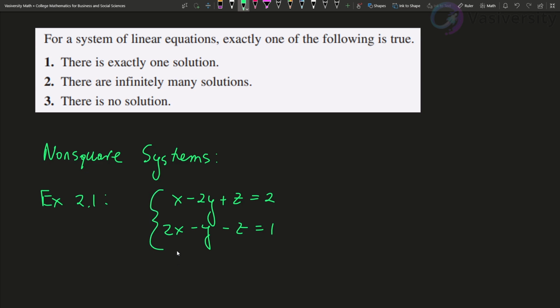Remember, I said that we might have a solution if we have the number of equations equal to the number of unknowns. So in this case, we have 3 unknowns, but 2 equations.